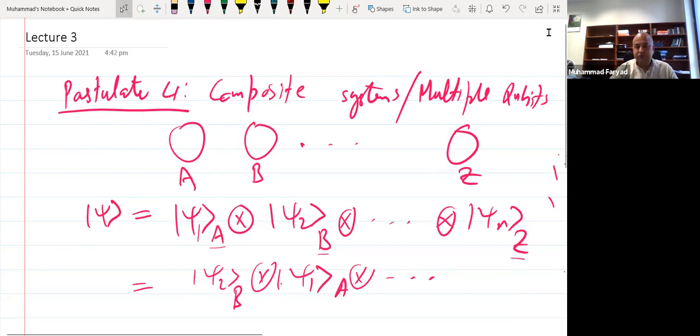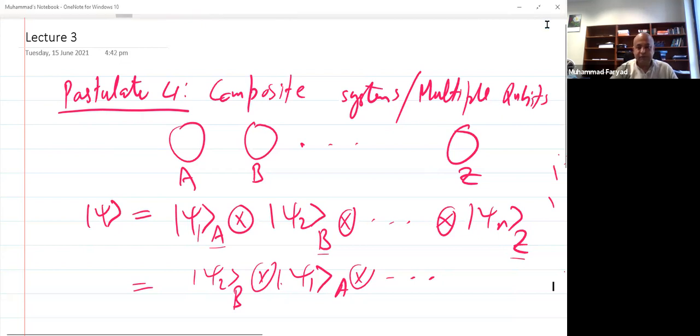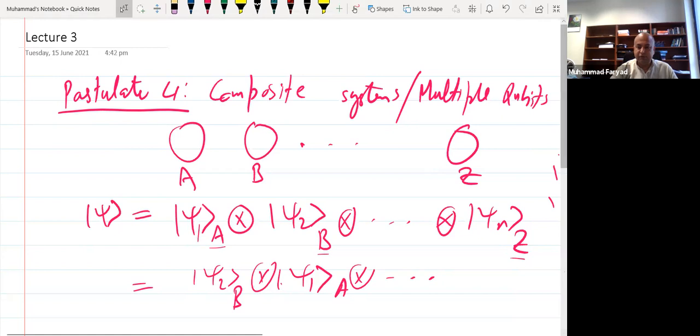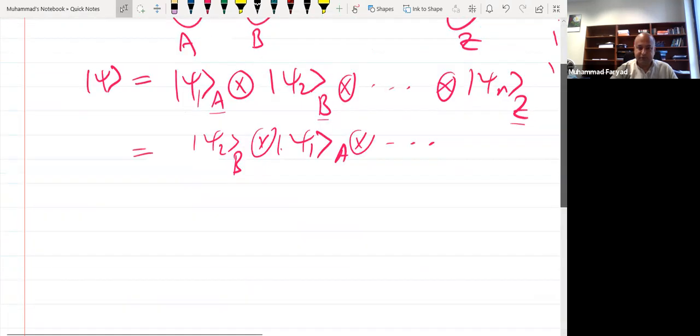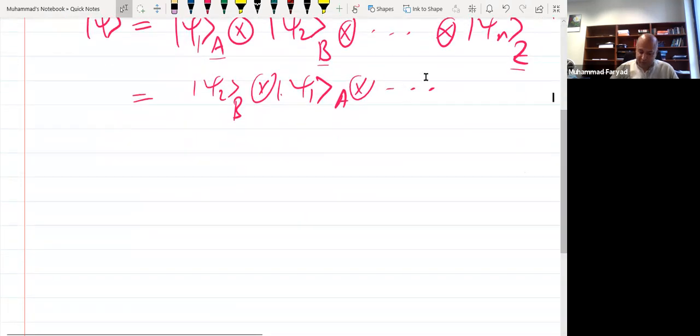So if I put these subscripts, then I don't care where I write these states.